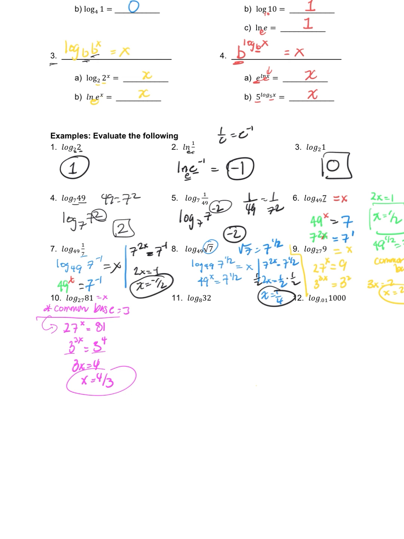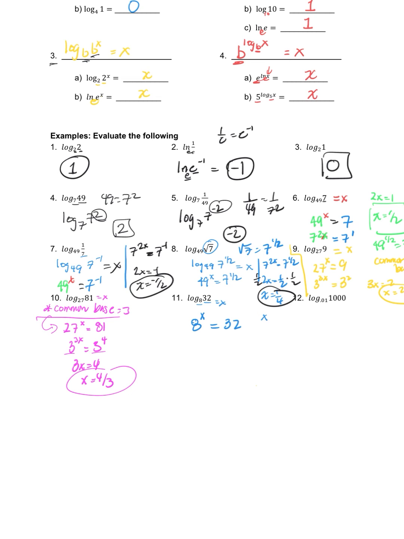Okay, so number 11, we have 8 and 32. We need to change those to the same base, but you can't do it like this. So we're going to set this equal to x and change it to exponential form. The base is 8, the exponent is x, and it has to equal 32.